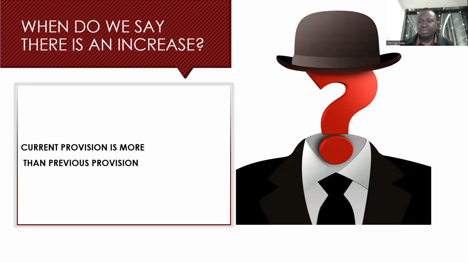So we have already made a provision before, and we are now going to make another provision, because whenever we say there is an increase, it means that we already have an amount there, and we compare that amount to a new amount. Then we'll be able to determine whether there is an increase or a decrease. But the focus of today's video is going to be on an increase.